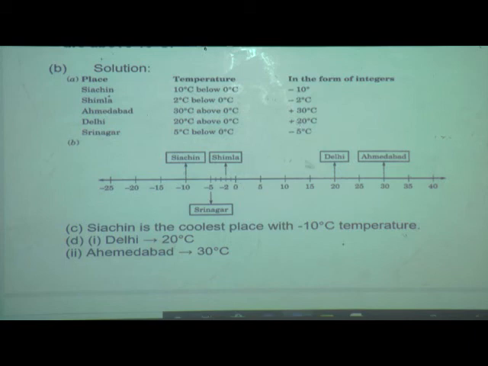So we have 20 here and it represents the temperature of Delhi. Srinagar, we have minus 5 degrees centigrade. So from 0 we have to move towards the left side, minus 5. It represents the temperature of the city Srinagar. Okay, now this was the second question.